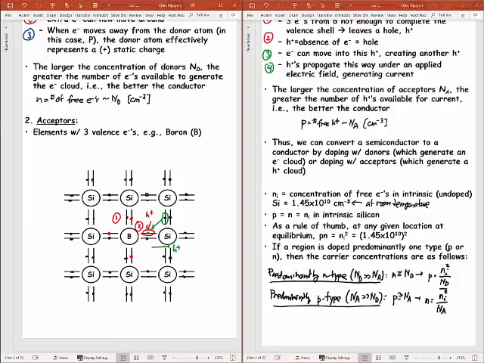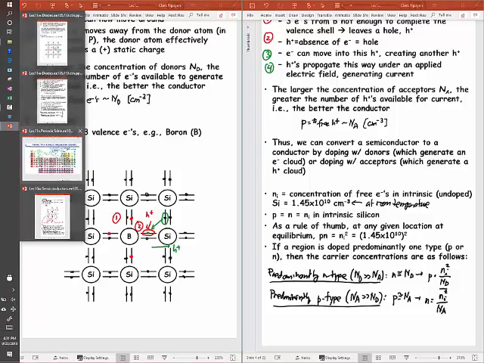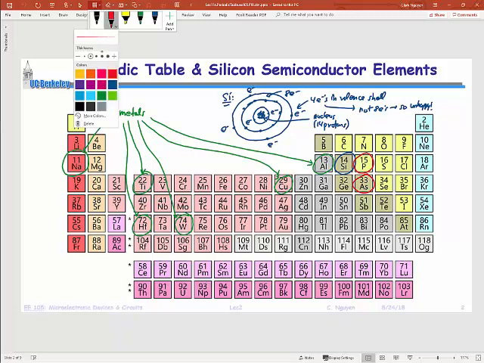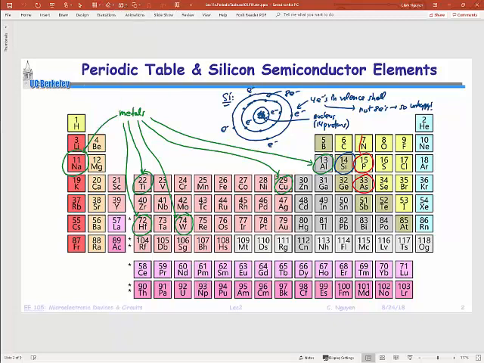All right, so now, with an understanding of how we're doping our silicon, so we're putting electrons and holes into them, the last thing I should do to be complete is go back to our periodic table. In this periodic table, I've already got phosphorus and arsenic here, and these are donors. And then I can also bring out boron.